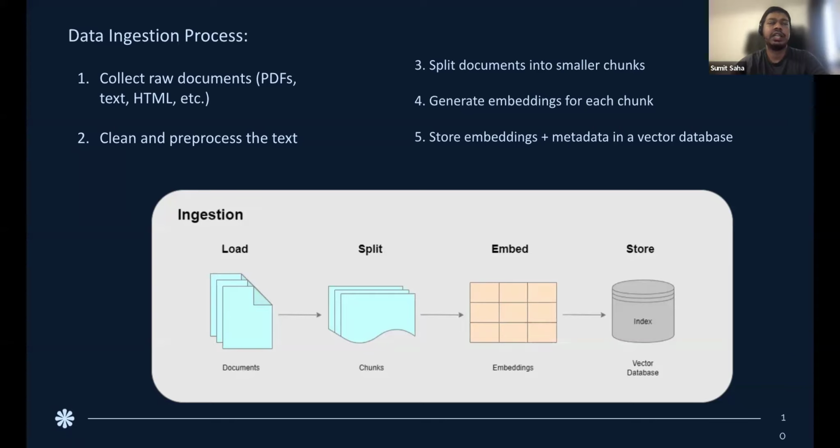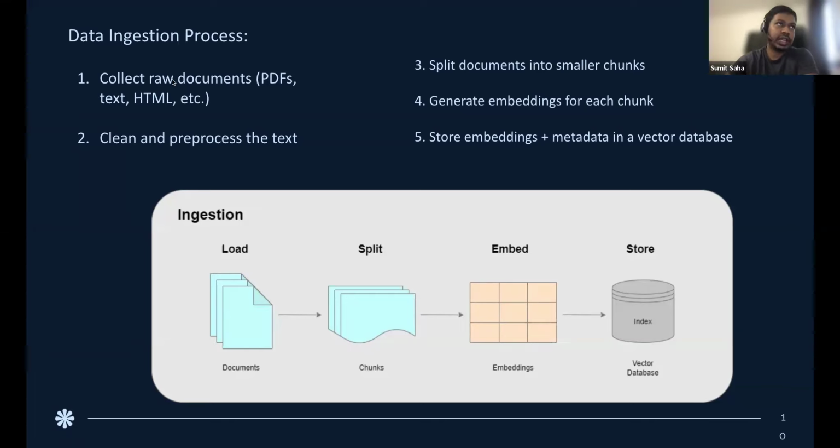That's what we call cleaning and preprocessing the text. Then we break the documents down into smaller chunks, and these chunks are sent to embedding systems. Embedding systems generate embeddings for each chunk, and these embeddings are stored in the vector database.